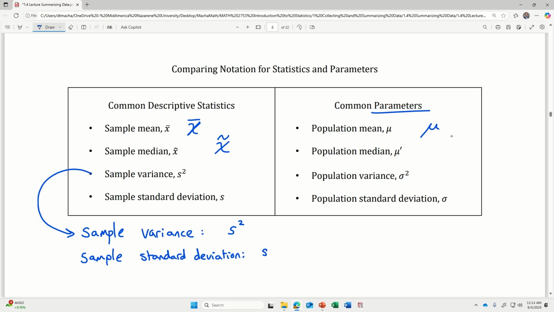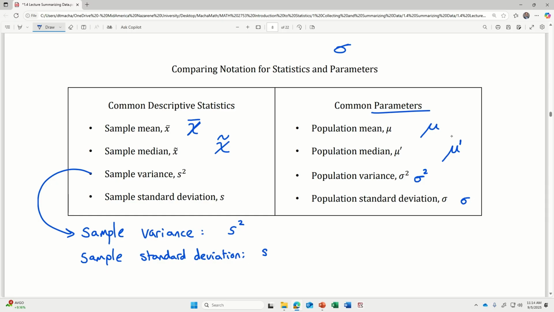The median, you would hope that it was just a mu with a tilde above it, but it's not. The convention is that you use a mu with a little apostrophe next to it. That's just how it is. The population variance is a Greek letter sigma squared. Sigma squared is the variance. And then the standard deviation is just a sigma.